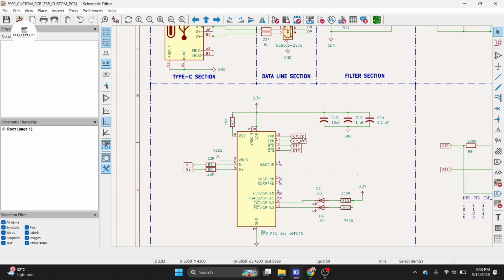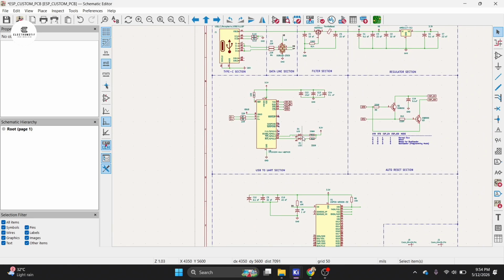Many designers accidentally connect TX to TX and RX to RX. That prevents communication completely. I also connected LEDs to the RX and TX activity lines. When data is transmitted or received, the LED blinks. This helps debugging, so we can see that the IC is working and the communication works properly.